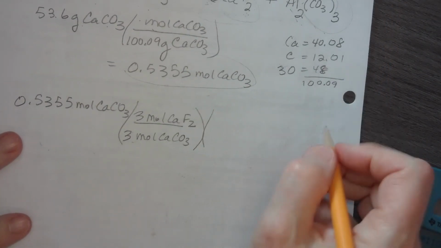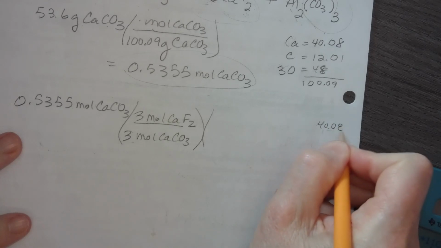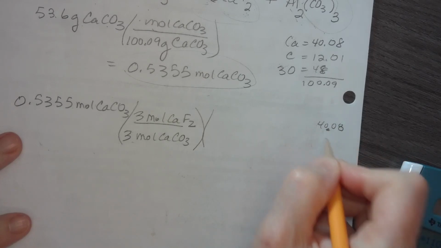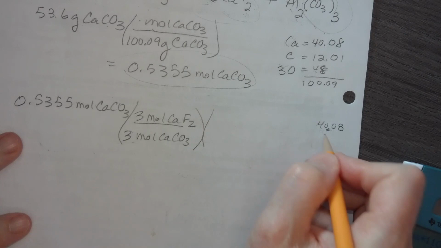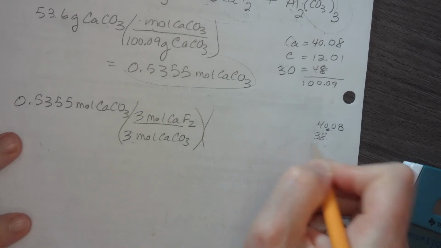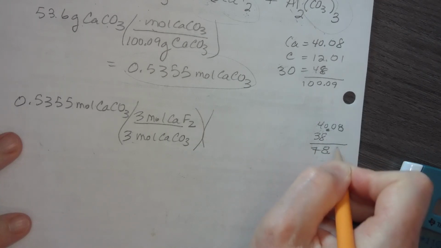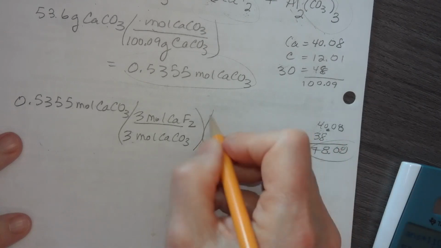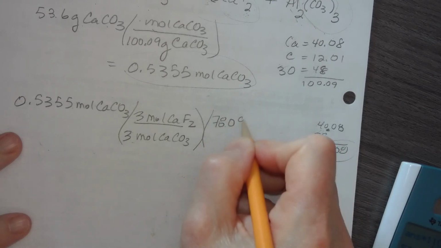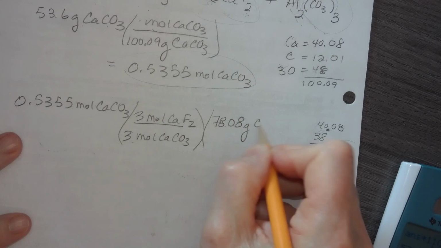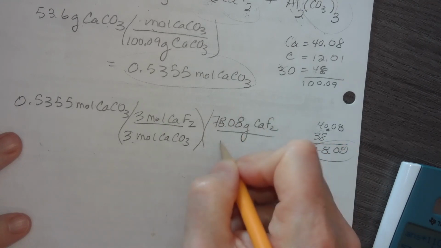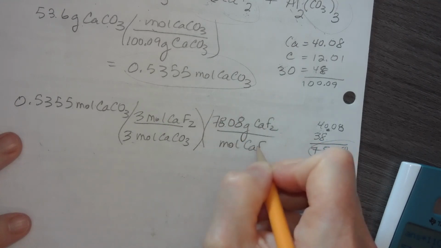Calcium, remember, is 40.08. Fluoride is 19 exactly, so times 2 is 38. So that's 78.08 grams of calcium fluoride for every mole of calcium fluoride.